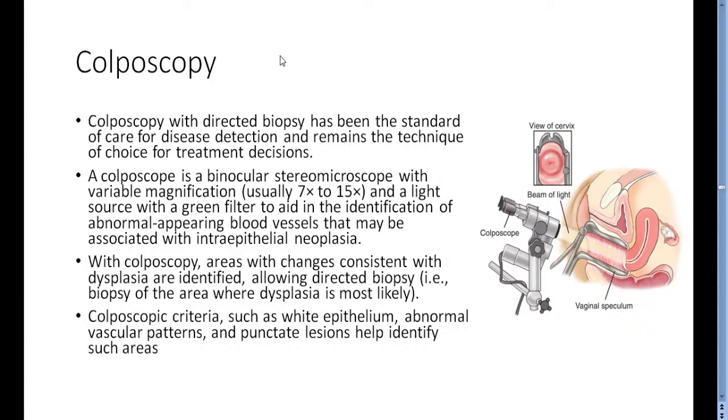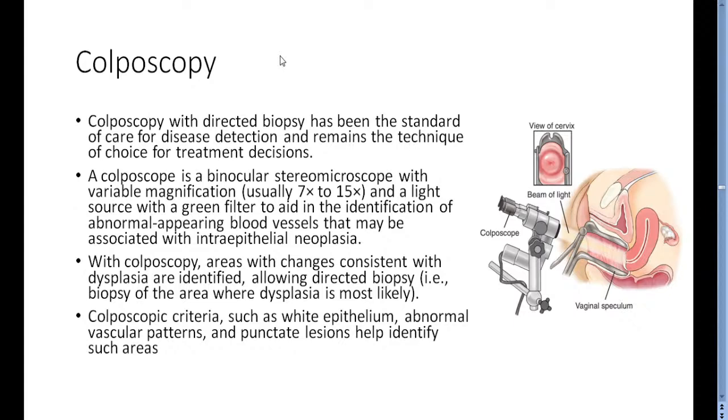Colposcopy utilizes a binocular stereo microscope with magnification 7 to 15 and a light source with a green filter to aid identification of abnormal blood vessels that may be associated with intraepithelial neoplasia. With colposcopy, areas with changes consistent with dysplasia are identified, allowing directed biopsy.